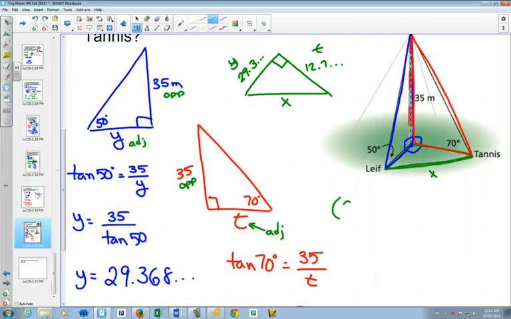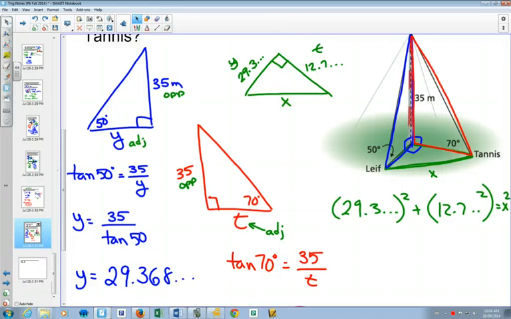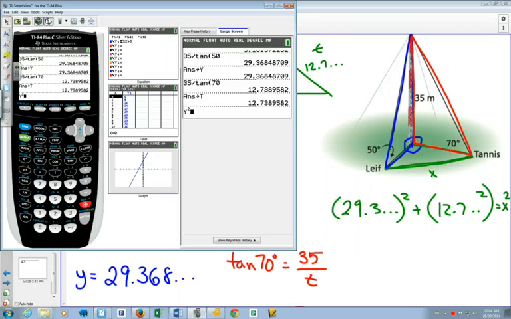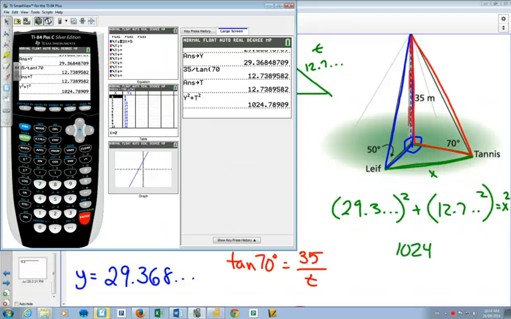So when we go to do 29.3 squared plus 12.7 squared equals x squared, the nice thing on our calculator is we've stored these things, so now I can just go y squared plus t squared, 1024, equals x squared.